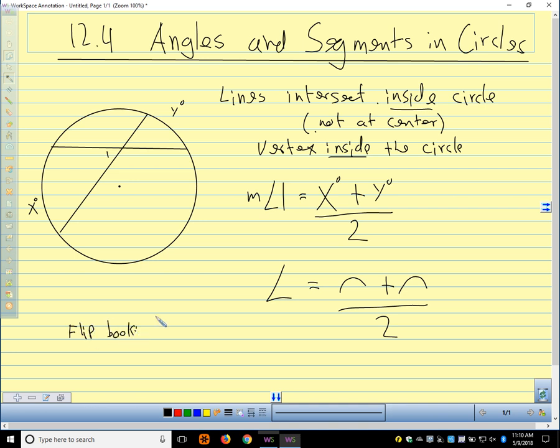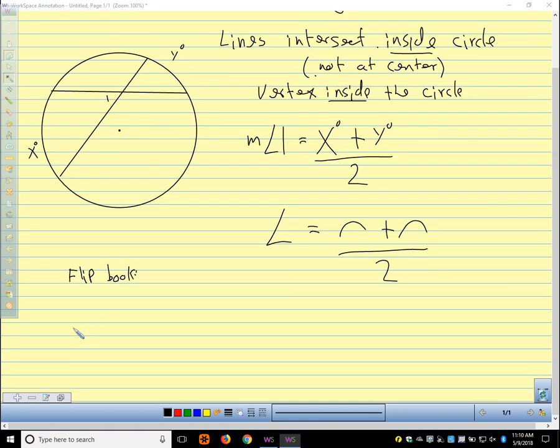In your flip book, I would write the measure of angle AVC, which is already there, equals the measure of arc AC plus the measure of arc DB divided by 2.